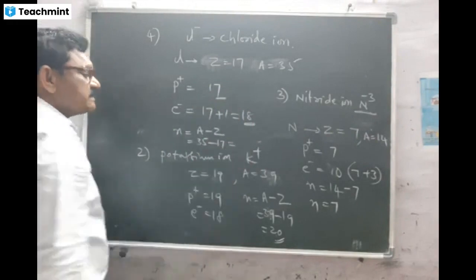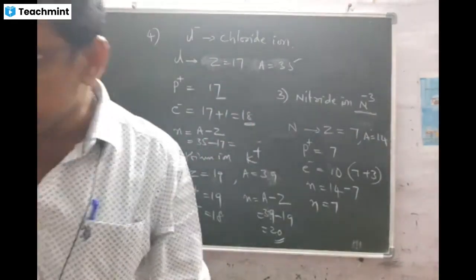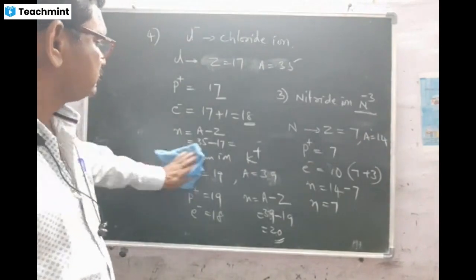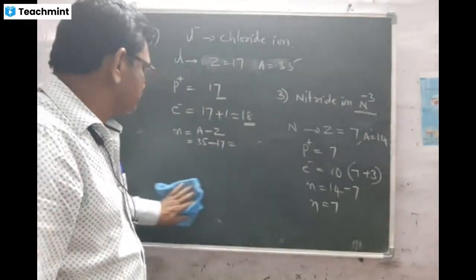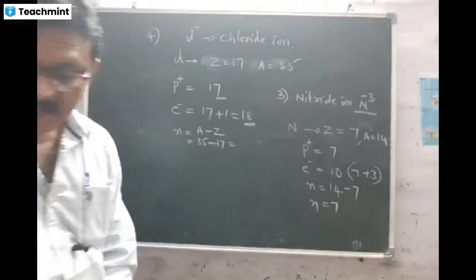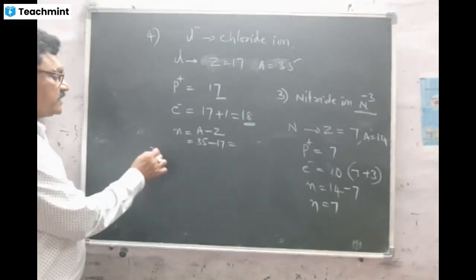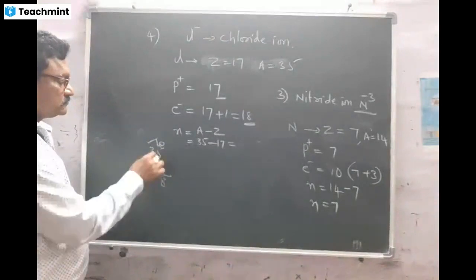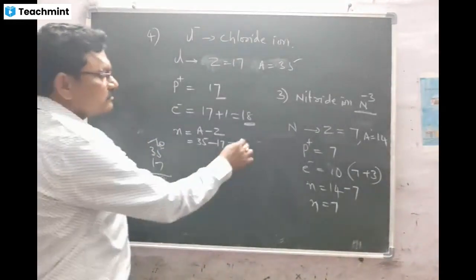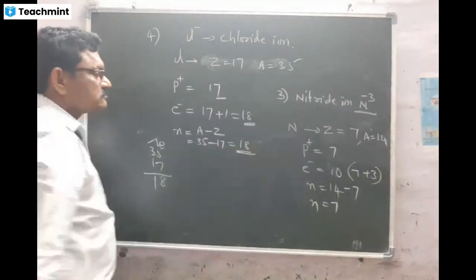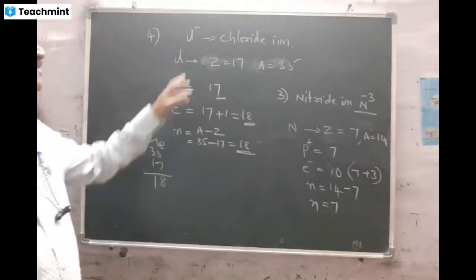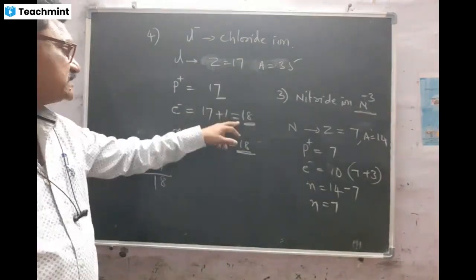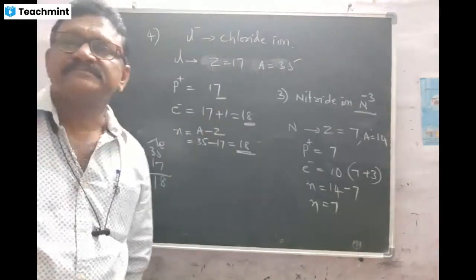Tell me the answer, Lucky. 18, no? So in the chloride ion, the number of protons is 17, electrons 18, neutrons 18.